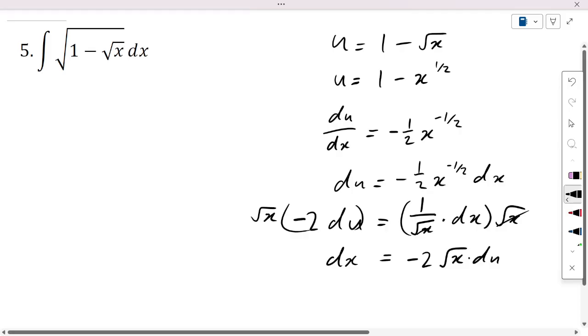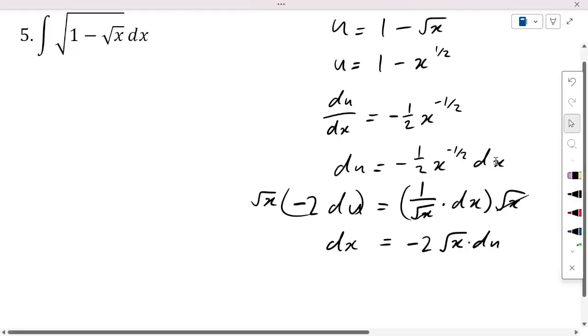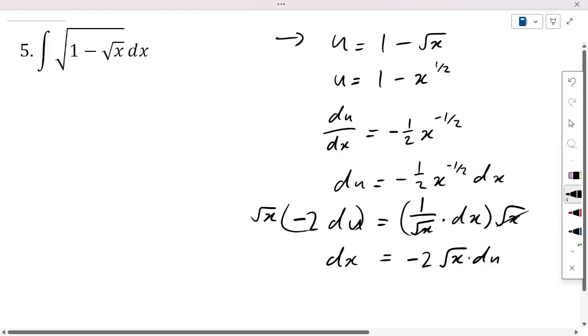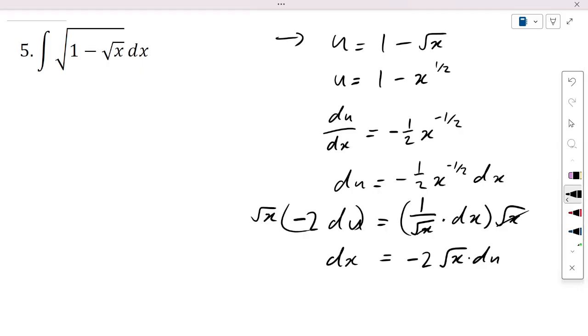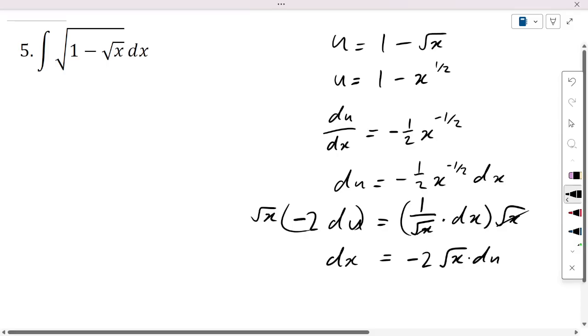But let's consider the following. We know that u is equal to 1 minus root x. We want to replace root x so that we get u only. Can't you see that we can replace it using this beginning equation here?